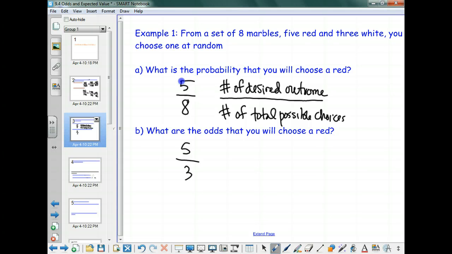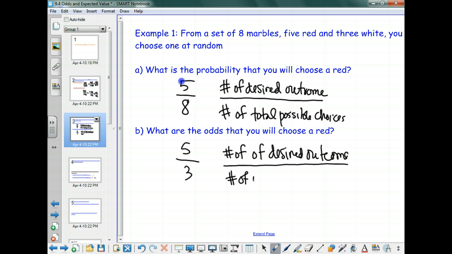So this is the number of desired outcomes, the number of ways I can get what I want, divided by the number of ways I don't get my desired outcome.